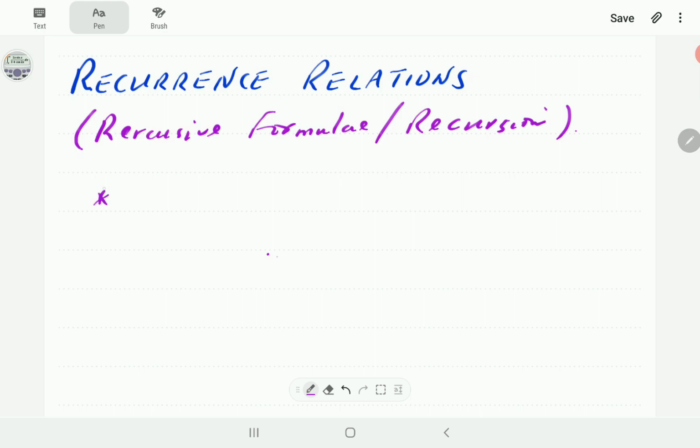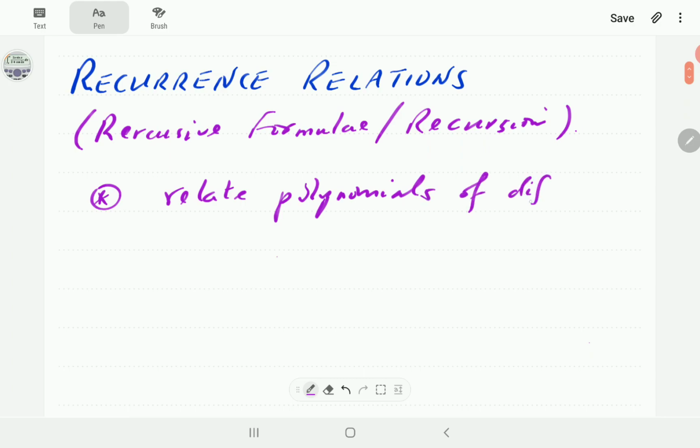What are recurrence relations? Well, these are formulas that relate polynomials of different degrees. Okay, so they give a relationship between polynomials of different degrees.